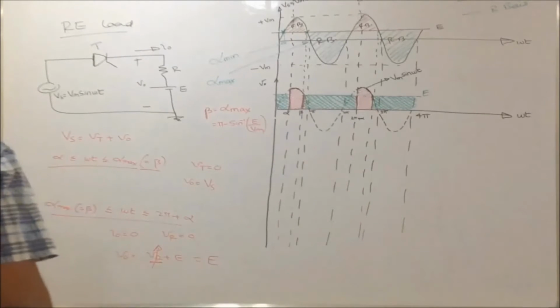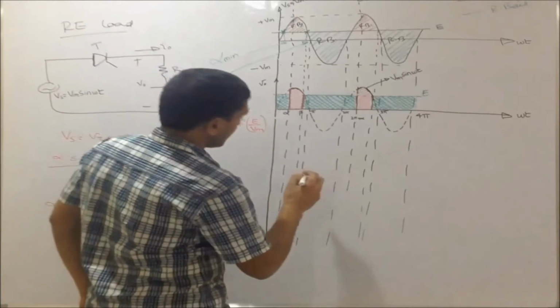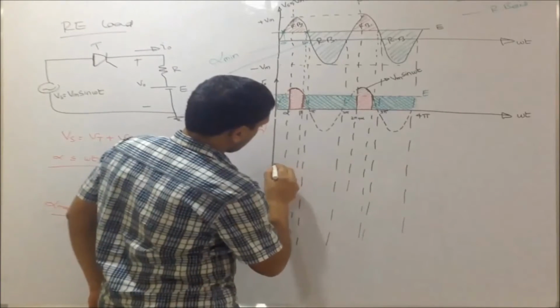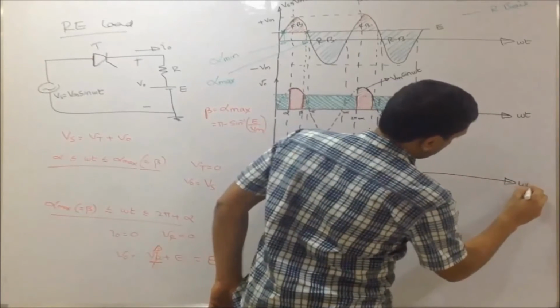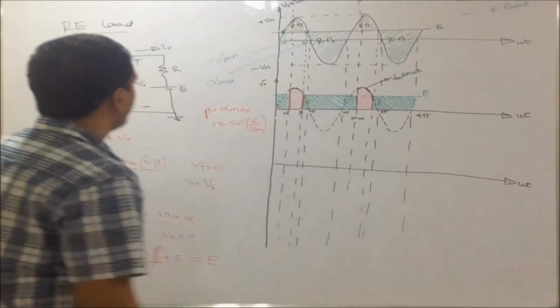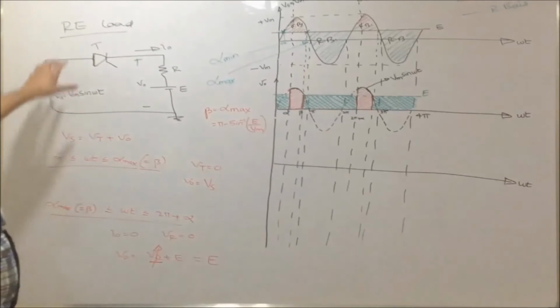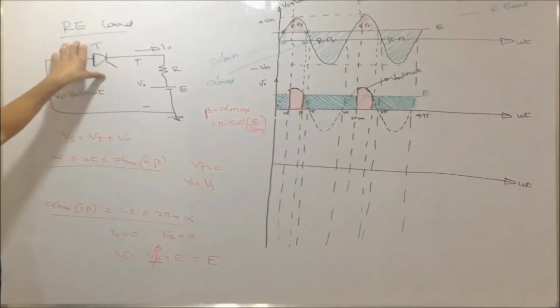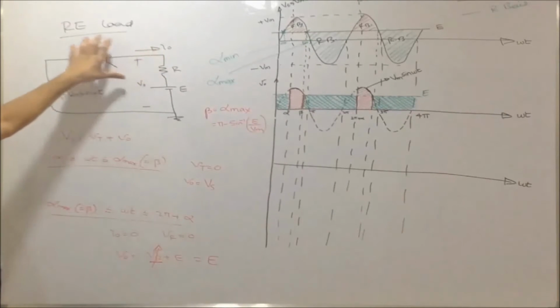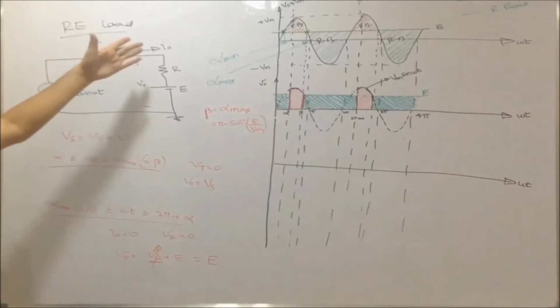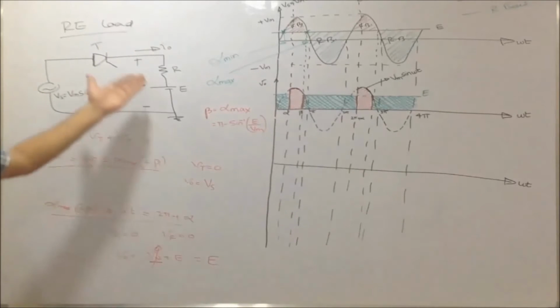Now we will draw the waveform for I0. I0 is very simple. Whenever this SCR is conducting, the I0 flows. Otherwise, I0 is 0. The moment when this is off, this is open, nowhere I0 can flow.